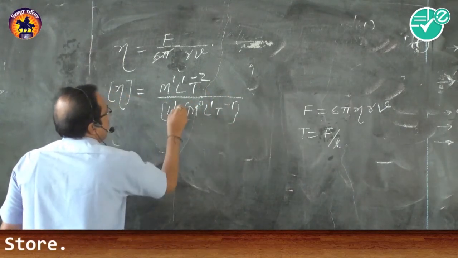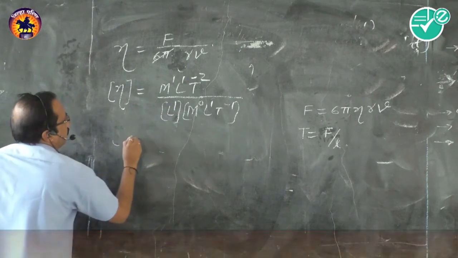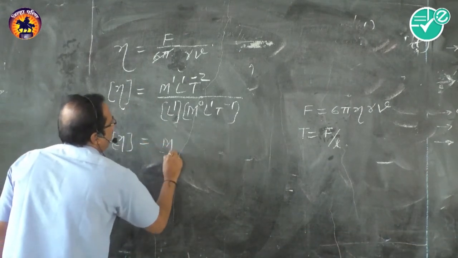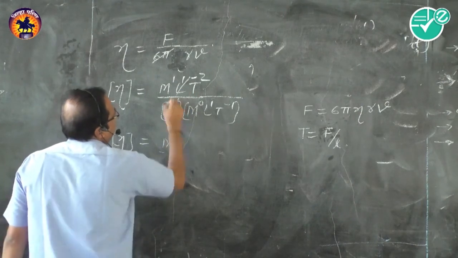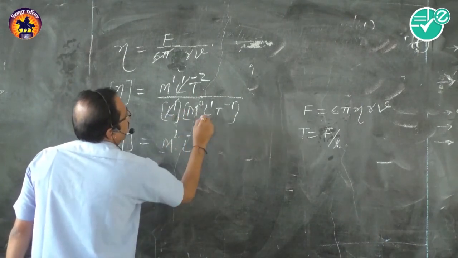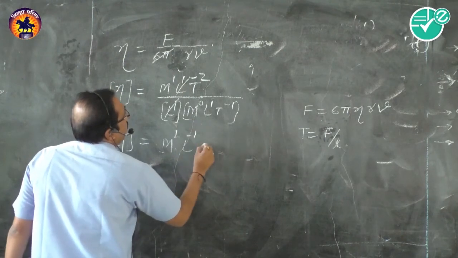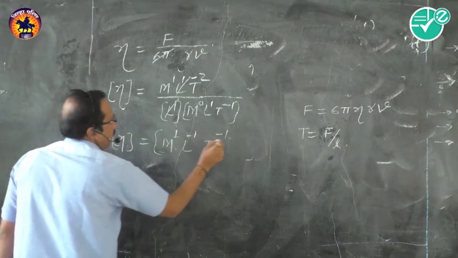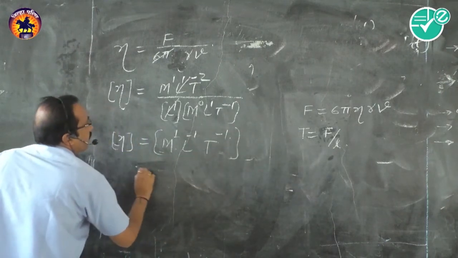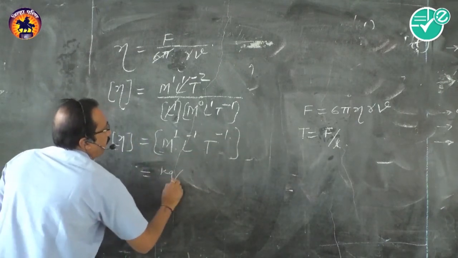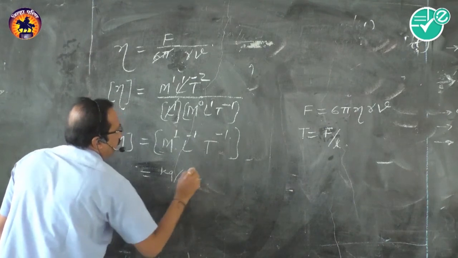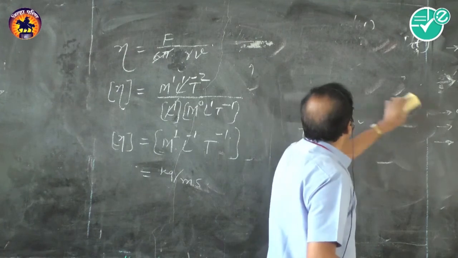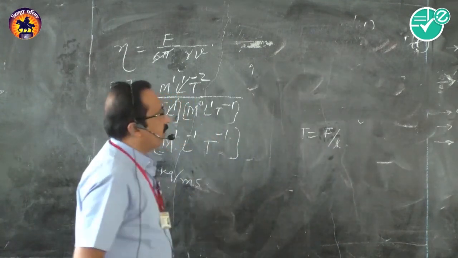So these are the dimensions of velocity. So L1 cancels here, M1, L minus 1, and T minus 1. So these are the dimensions of eta. We can write the SI unit as kilogram per meter second also. So these are the dimensions of eta, or coefficient of viscosity.